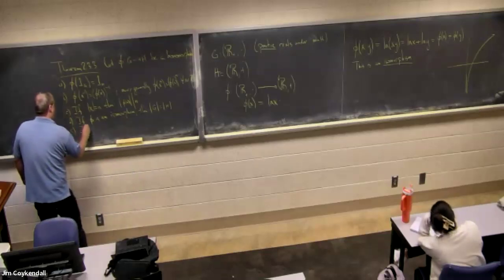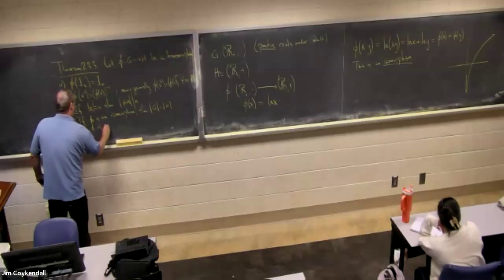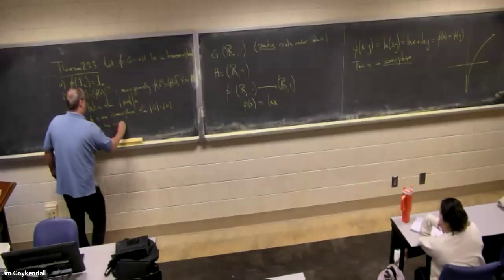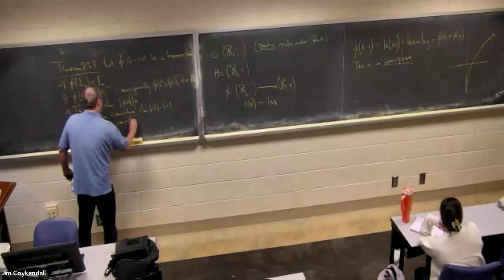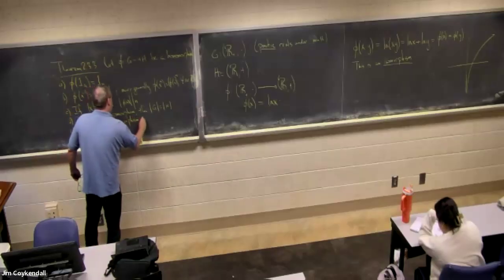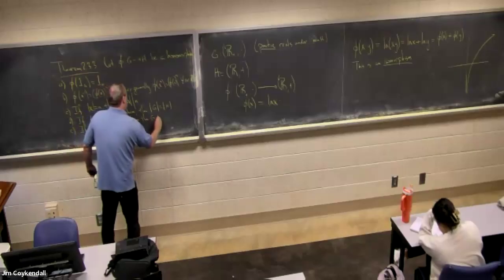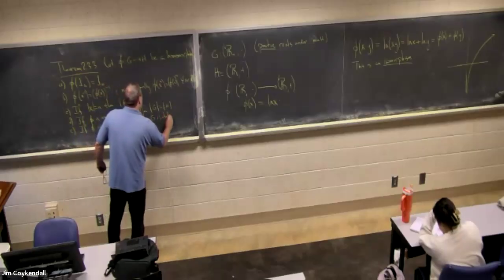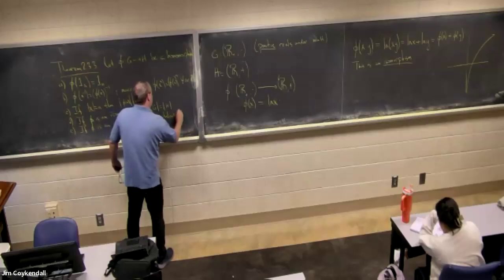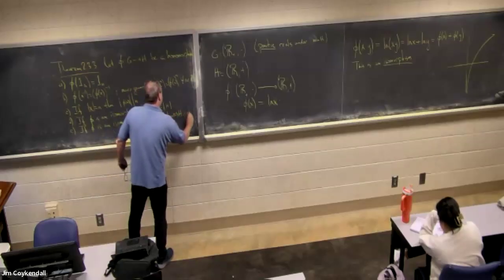E, if phi is an isomorphism, then G is abelian if and only if H is abelian.